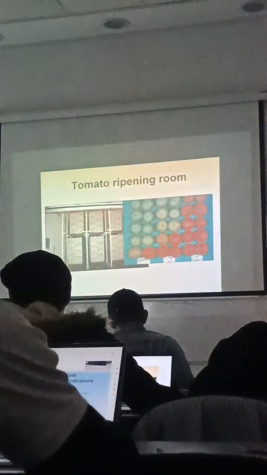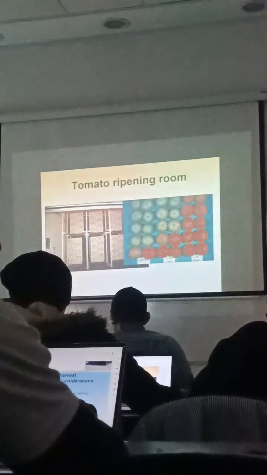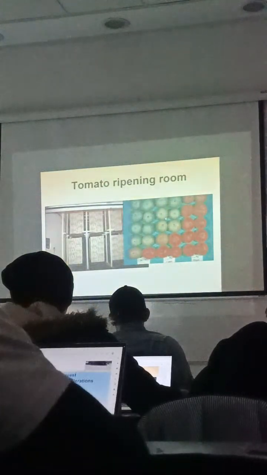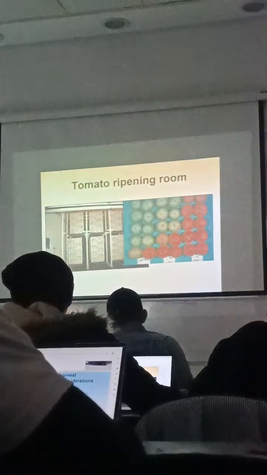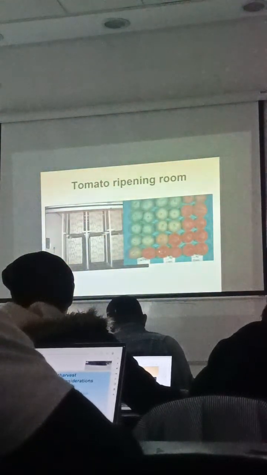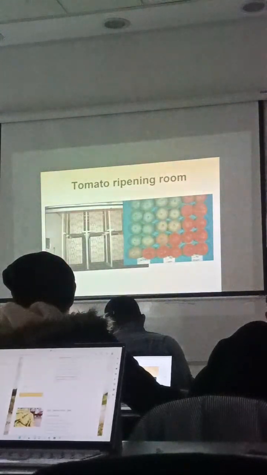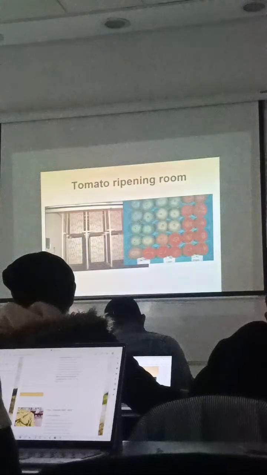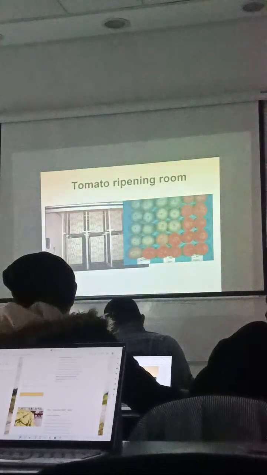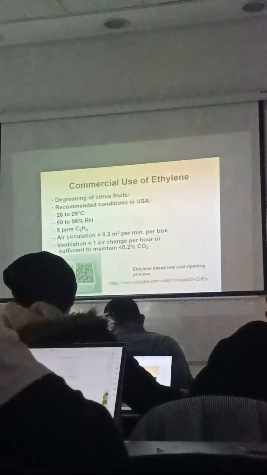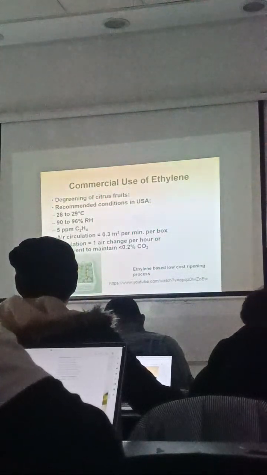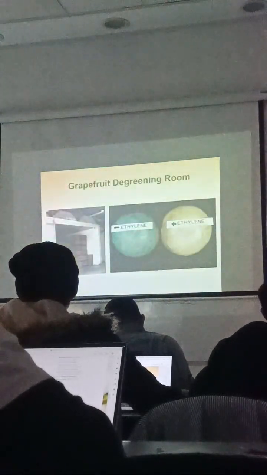When we give only 1 ppm, we have 2, 3 green, 3 breaker, maybe 1 light red and 3 red. When we give 10 ppm, all 10 are red. What it means is we can control, with the level of ethylene we give, what color the tomato will be. Right? Okay. Here is how to give ethylene to citrus and tomato.